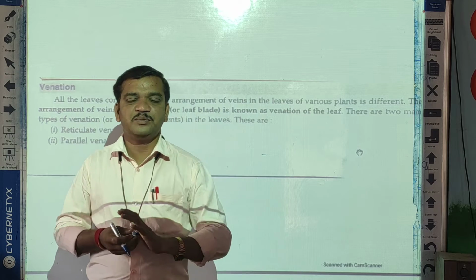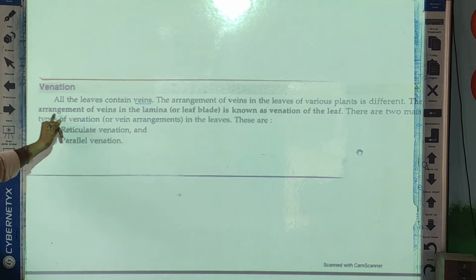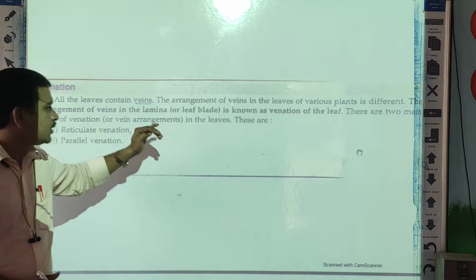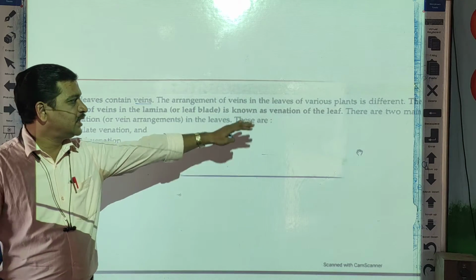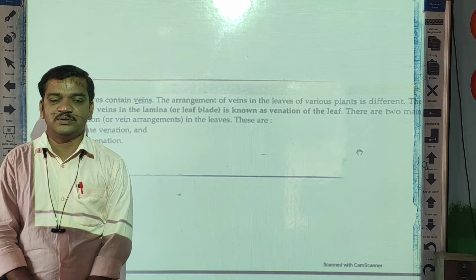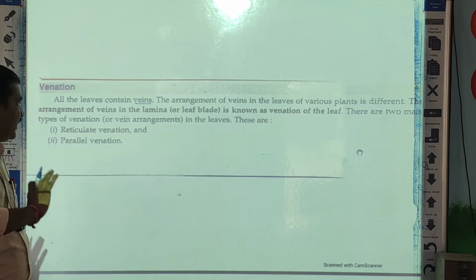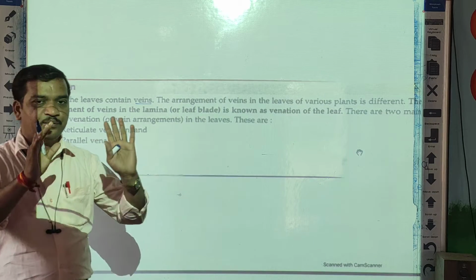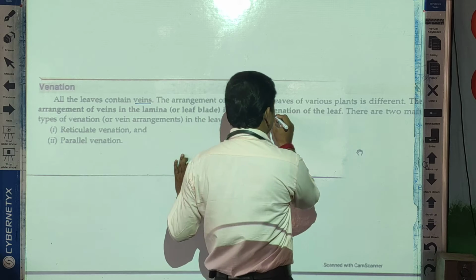So on the basis of this, the arrangement of veins in the lamina, or we can call it the leaf blade, is known as venation of the leaf. Arrangement of veins in the lamina is known as leaf venation.